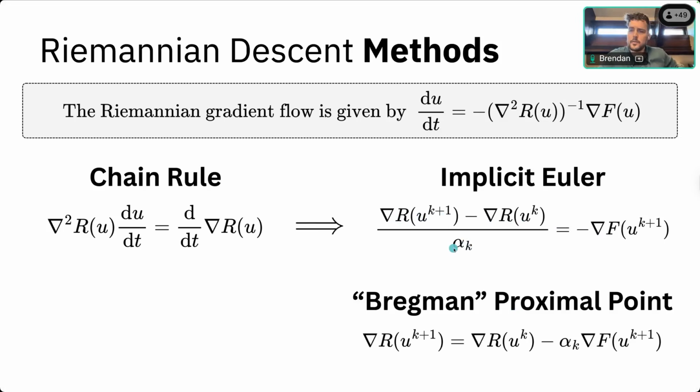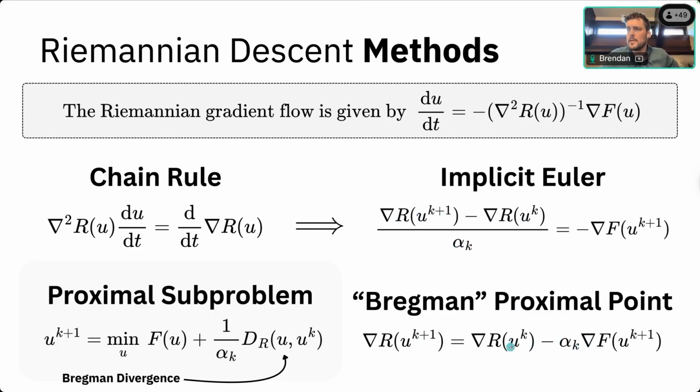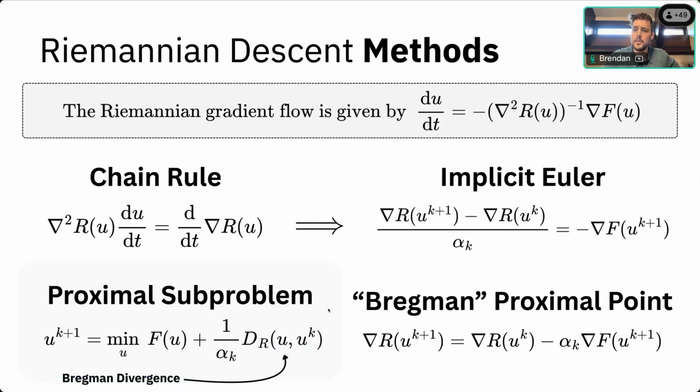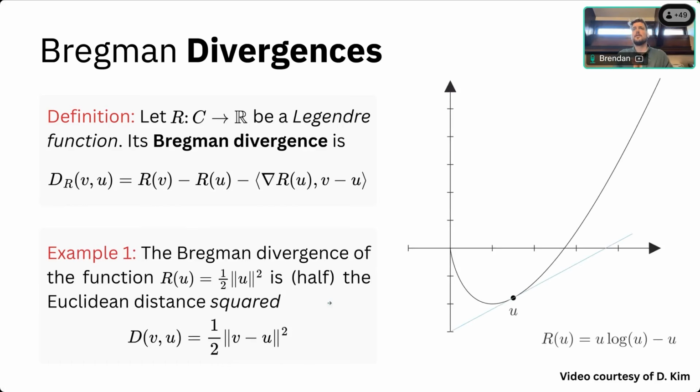This can be rewritten just by multiplying through by alpha. You can call it the Bregman proximal point iteration, which is equivalent to minimizing a different proximal subproblem, where instead of penalizing with the squared Euclidean norm of the difference between U and UK, you penalize with a so-called Bregman divergence. Okay, what's a Bregman divergence?